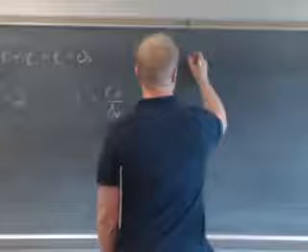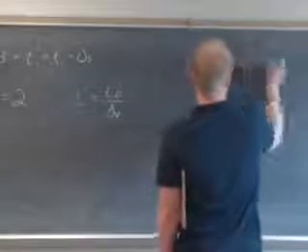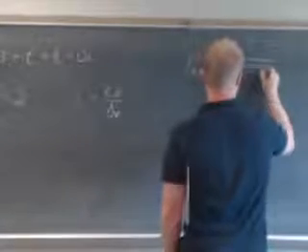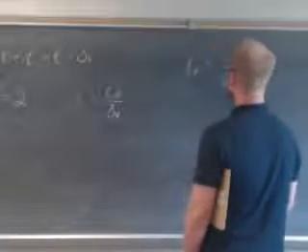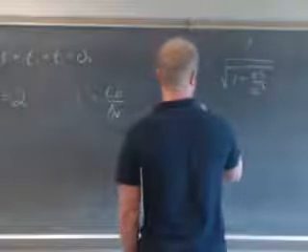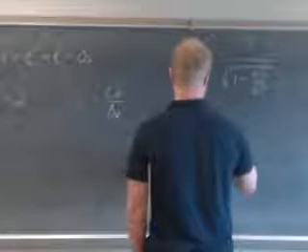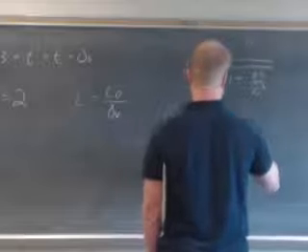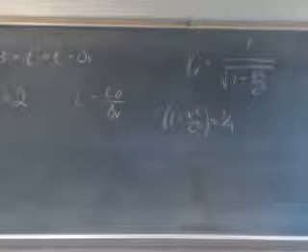Okay, so I can say that gamma V is equal to 1 over the square root of 1 minus v squared over c squared. And now I can set this equal to 2. All right, so let's do some algebra. So I've now got 1 minus v squared over c squared equals 1 over 2 squared.